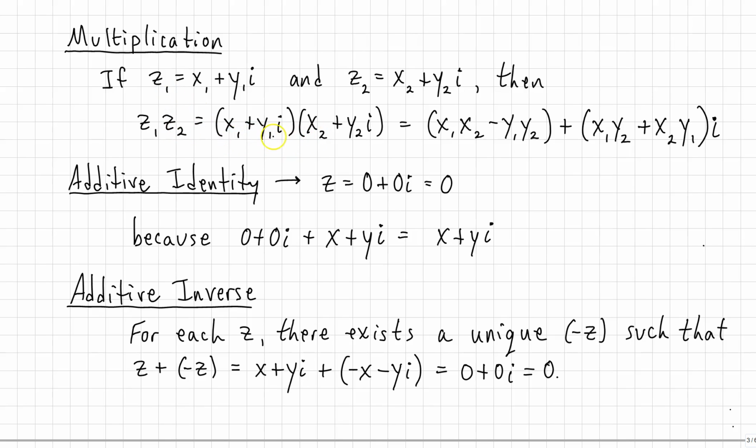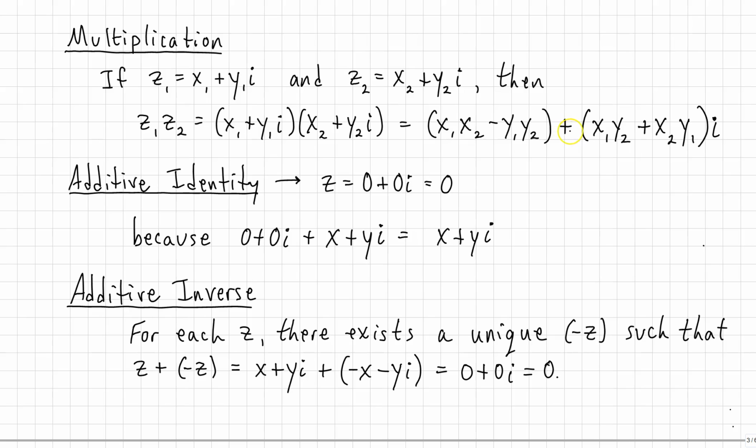The real part will consist of x1 times x2, and then minus y1 times y2. And the reason we have that is because when you go to take y1 i times y2 i, you'll get y1 y2, which is right here, and then i squared, which is negative 1. So that's why it's minus.